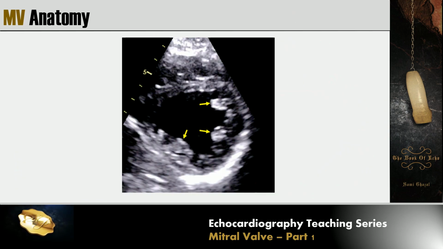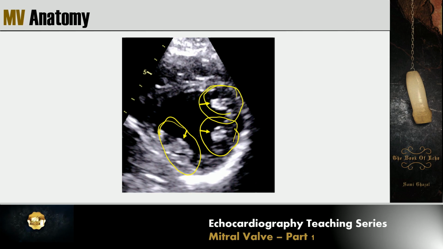We have two major papillary muscles. We have the anterolateral here and the posteromedial. Sometimes we have an accessory papillary muscle. Each papillary muscle, whether anterolateral or posteromedial, has multiple heads, and they provide cords to the corresponding half of both leaflets.